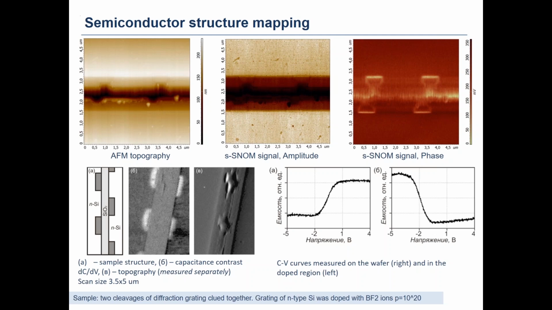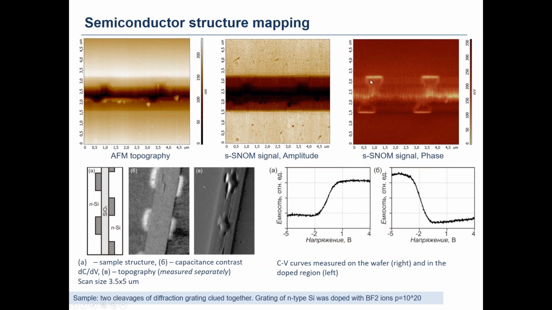There are actually different, chemically different materials. The silicon has its own dielectric permittivity, the oxide its own, and the glue has its own dielectric permittivity. But in the optical phase signal of the s-SNOM, one can see the bright area that corresponds to the highly doped p-type silicon areas.